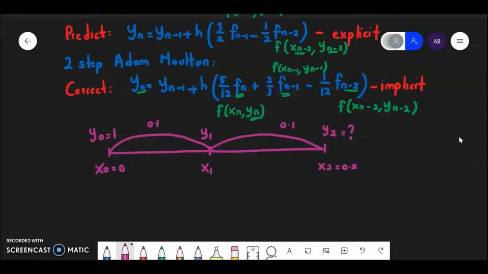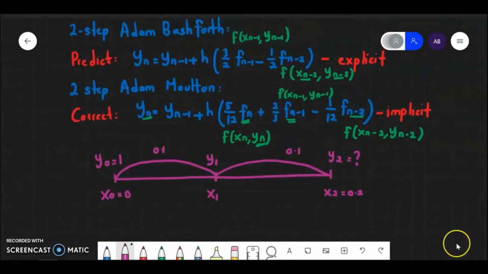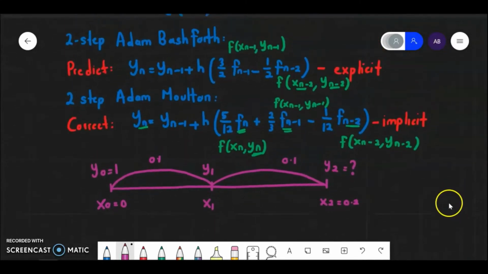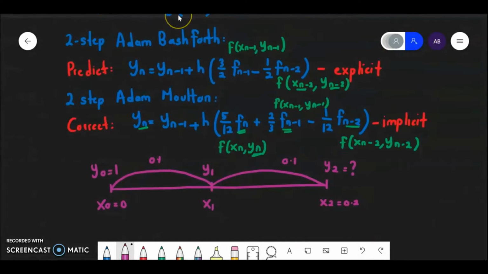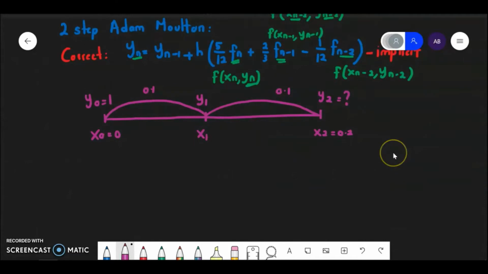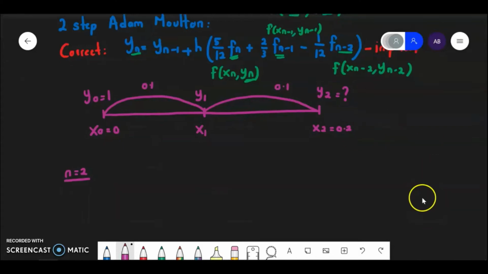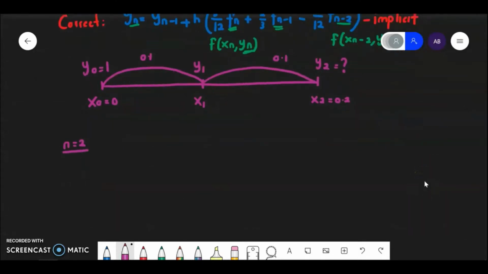Now let's look at the Adams-Bashforth here. So we need Adams-Bashforth to find yn. For instance, when n equals 2, look at my Adams-Moulton method here.